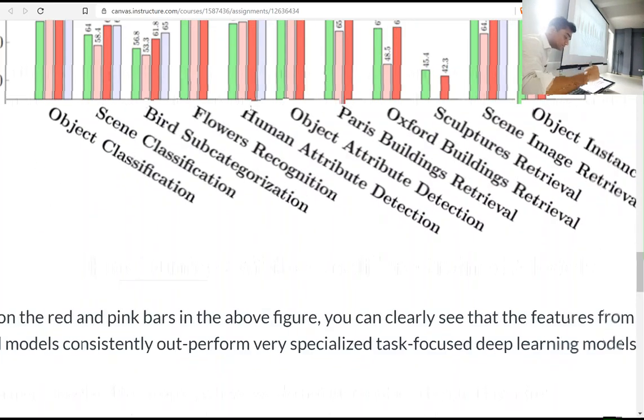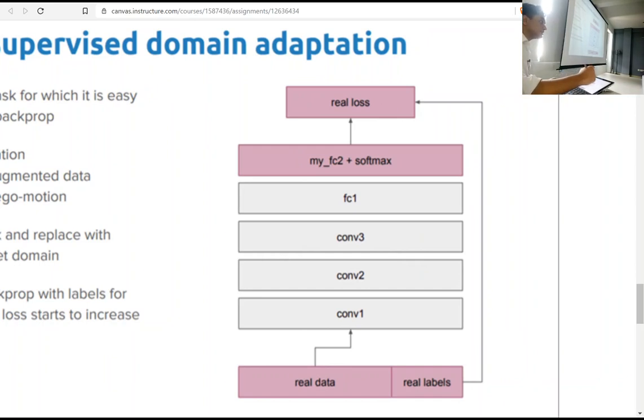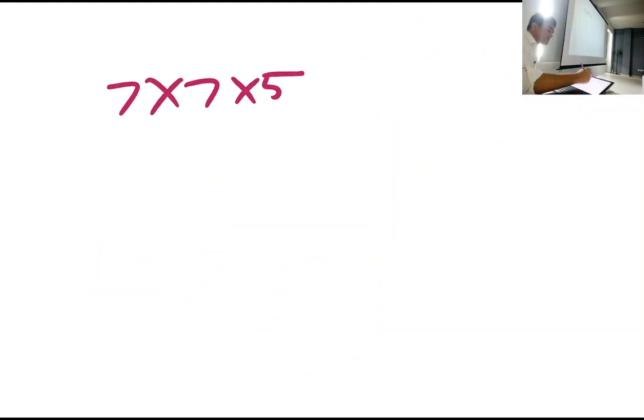Okay. Now, fine tuning an off-the-shelf pre-trained model. What we do here is take a model, throw away the fully connected layer and replace it with my fully connected layer. That's all. And of course you have to add your loss function accordingly, right? So in this case, let's say we are looking at VGG. VGG is going to have 7 cross 7 cross 512.